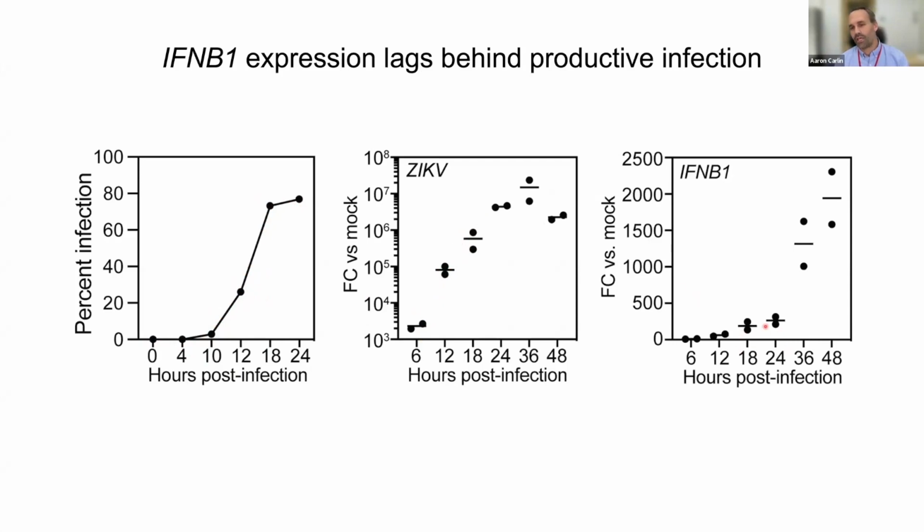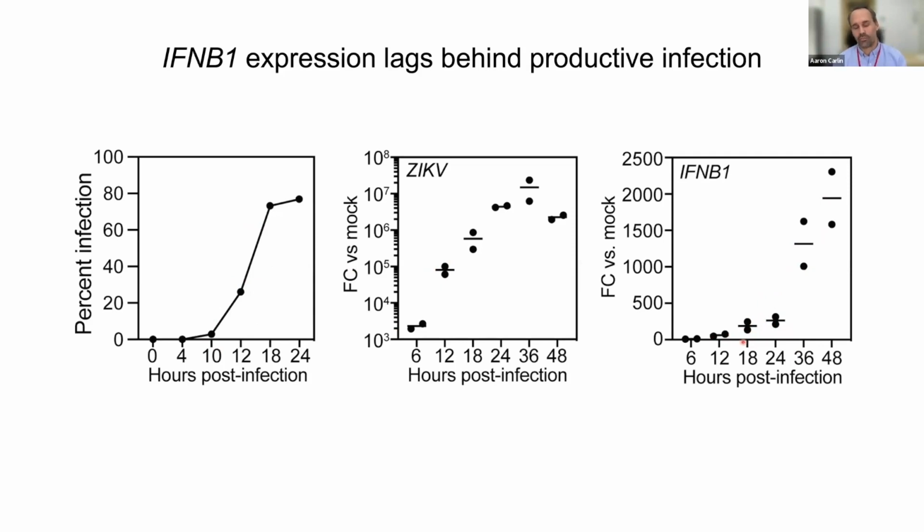However, the interferon beta response, the recognition of viral infection and production, lags significantly behind that. It's not really until 18 hours and 24 hours and later that you start seeing massive production of type 1 interferon. This suggests that the virus in these infected cells is replicating earlier than the production of type 1 interferon, and the recognition of the viral infection is delayed.